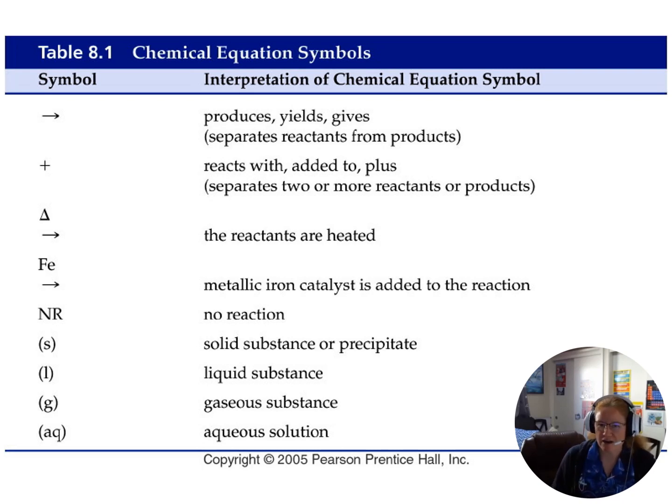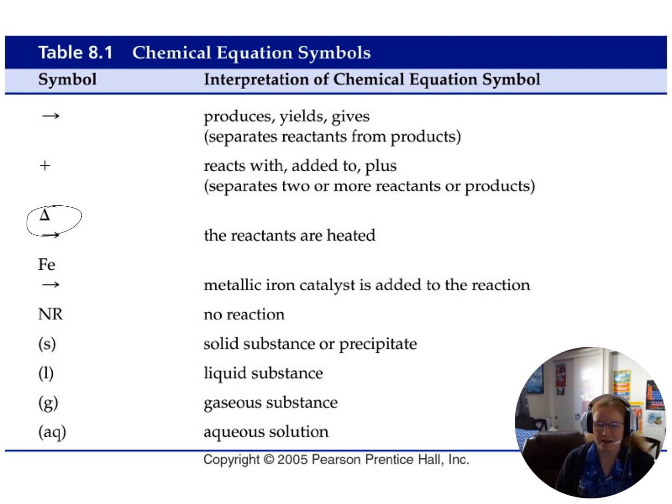And then here is just a summary of a whole bunch of symbols. So our reaction arrow, basically I have reactants A and B produce products. My plus is this and this together. Sometimes what you'll see are things above the arrow. So in this case, there's a delta symbol above the arrow. That means that heat was added. There's another example there with iron.